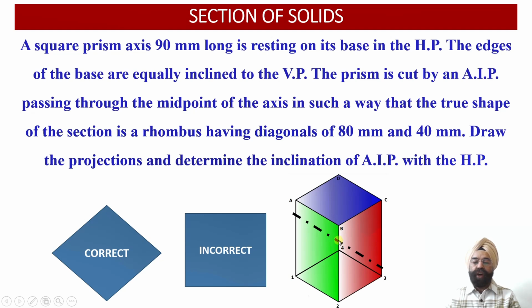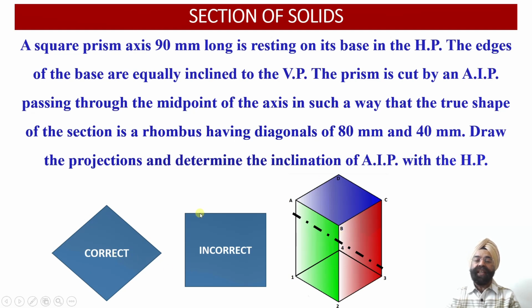Similarly, the distance of the point M and the second point of intersection on the vertical edge C3 should also be 40 millimeter. So with this information, we will be able to identify the orientation of the auxiliary inclined plane in the front view projections. So one of the missing links in the given problem has been addressed over here.